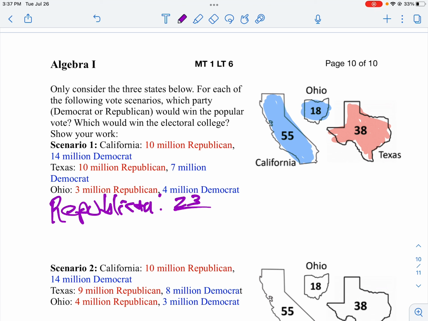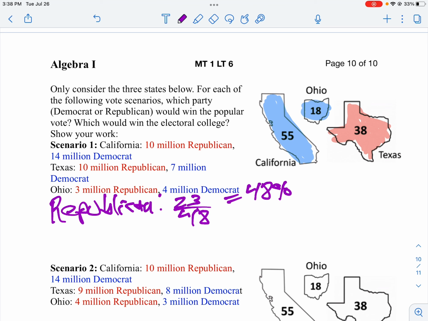And we have another 7 million in Ohio. So we have a total of 48 million votes. So 23 divided by 48 is going to be about 48%.